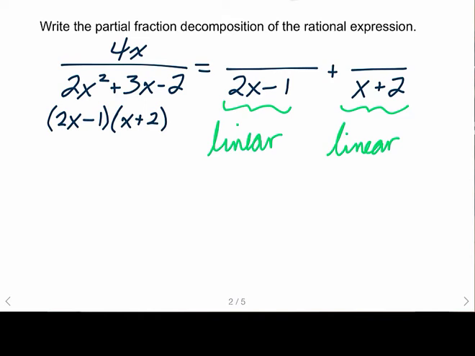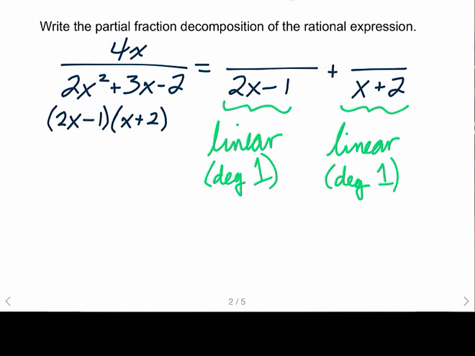In this case, they're linear. Let's recall that a linear expression is a polynomial of degree 1. And when we decompose these fractions, we're going to decompose them into proper rational expressions, which means that the numerator is going to be a degree that's smaller than the denominator. Well, the factor in the denominator, that is.